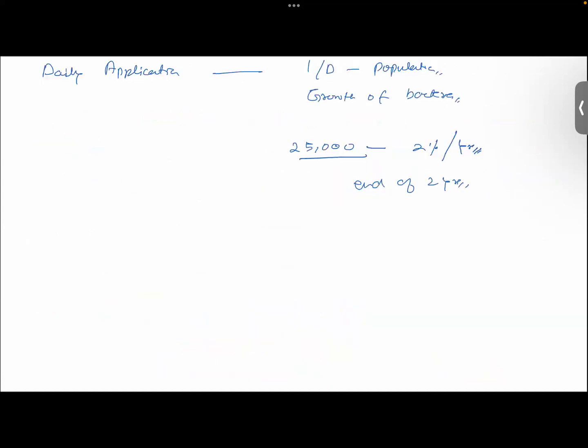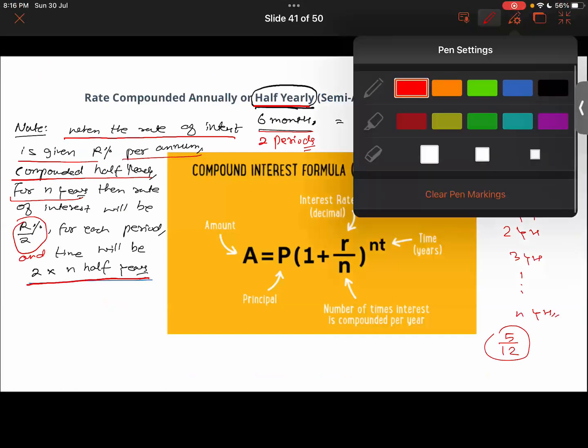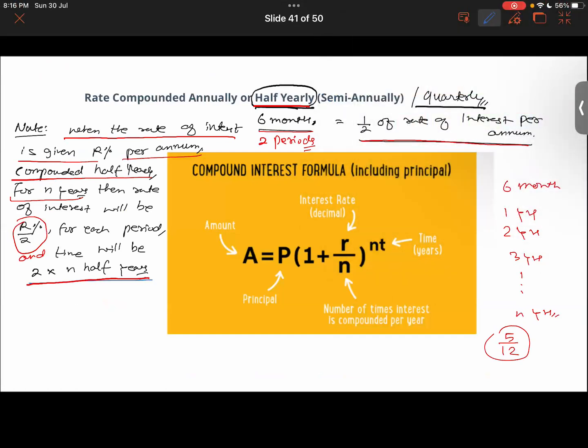Now we also talked about the rate of interest which is compounded half yearly or quarterly. Look, in a year, there are total 12 months. Now, if you were to make two conversion periods, that will be 6 months plus 6 months, right?